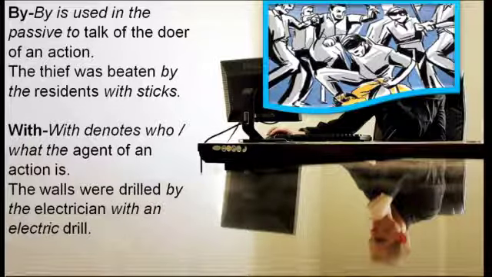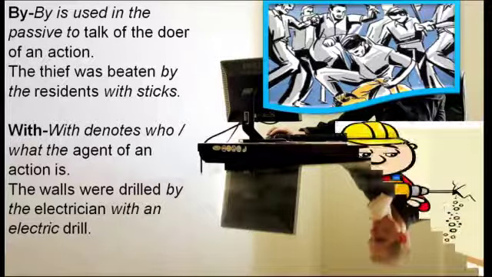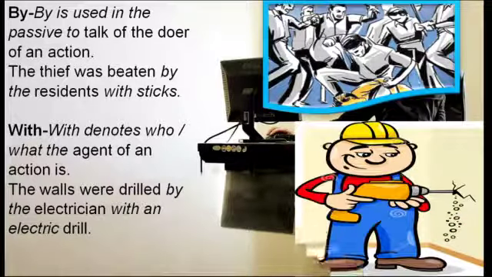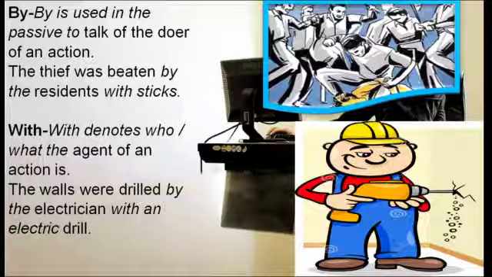Like you can see the example: the walls were drilled by the electrician with an electric drill. With we have used for the means or the instrument, that is the electric drill. But in the first one, people are doing some kind of work, so we have used by. So remember, by is used for agents and with is used for things.